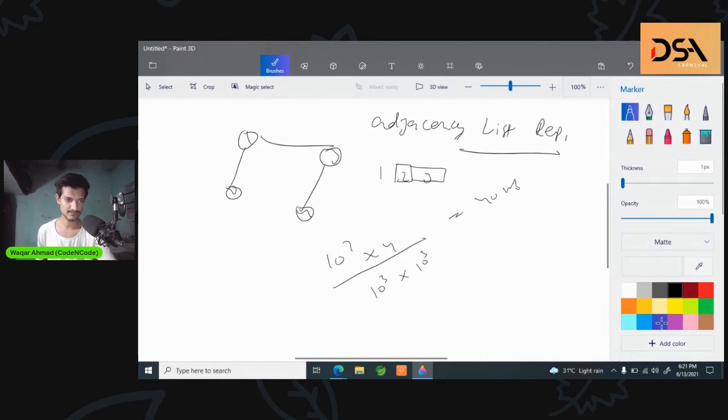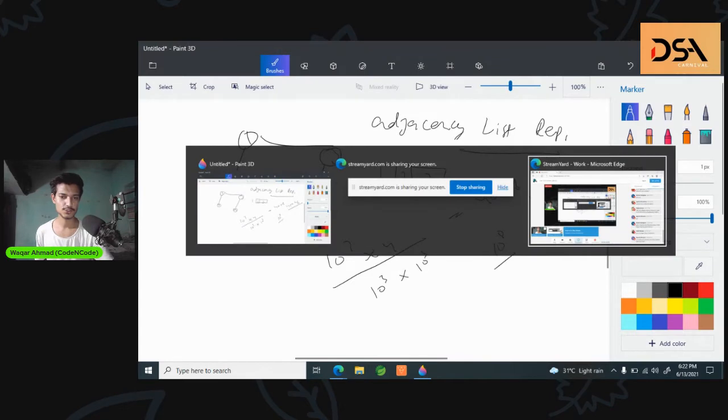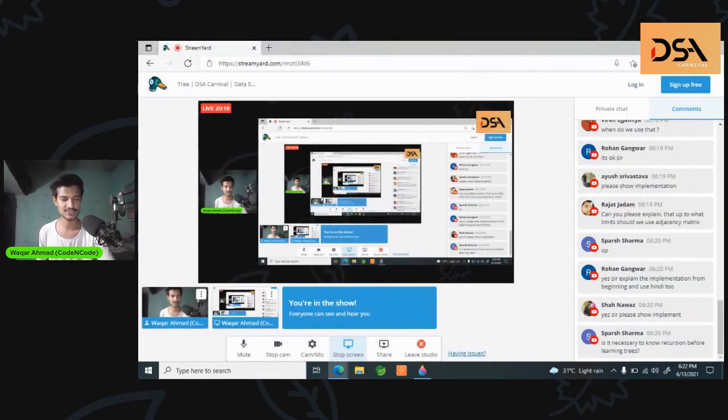If I'm making any calculation mistakes, please let me know. If you go for 10 to the power 8, simply multiply by 10, so 400 MB. You will be given the memory limit, and depending upon that, you can decide how much space you are going to use.